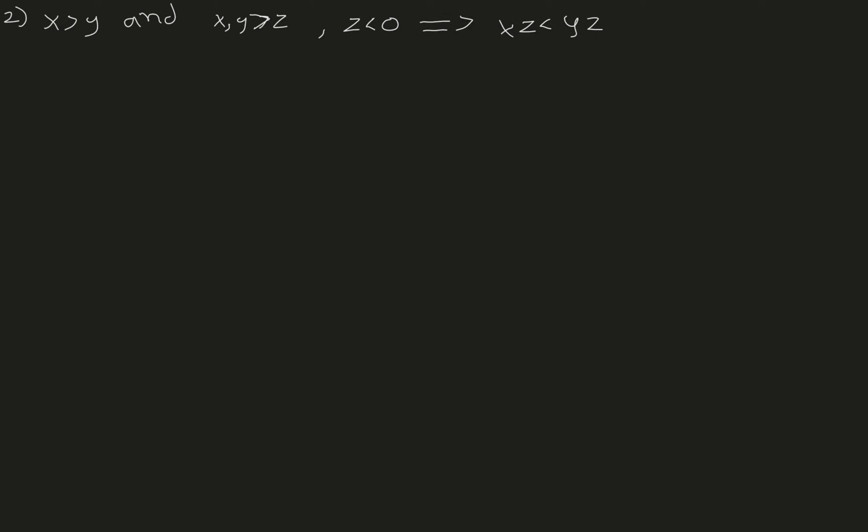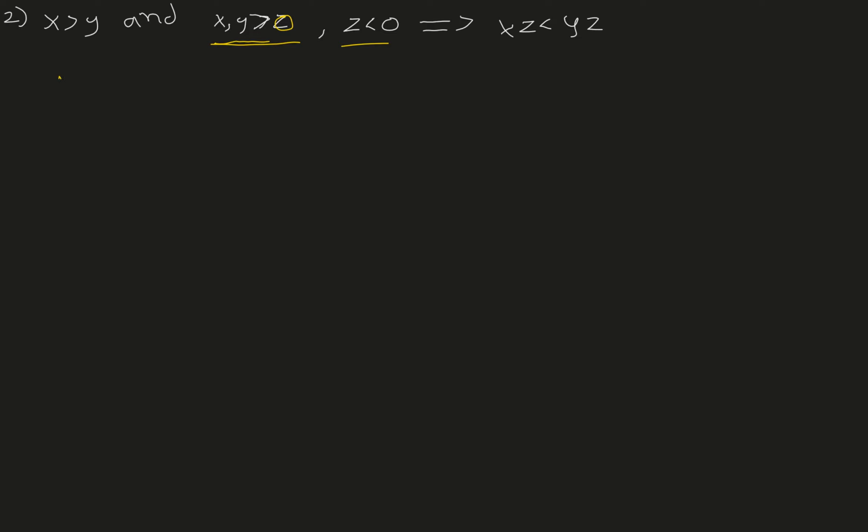Let's take a look at another one. So we have to show that if x is greater than y, and both x and y are greater than 0, but z is less than 0, then xz is less than yz. So this is pretty much like the opposite case to the previous one.